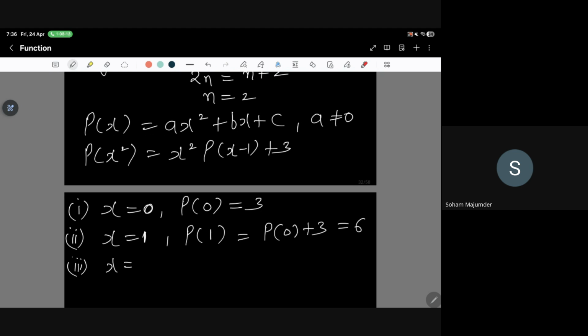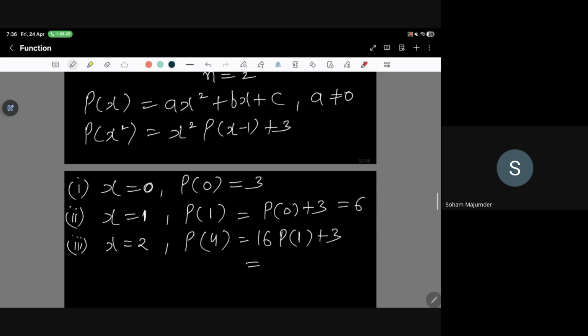Third, when x is 2, it becomes p of 4, right, equals 16 p of 1 plus 3. Now p of 1 is 6. Sorry, this becomes p of 2 equals 4 times p of 1 plus 3, so 4 times 6 is 24 plus 3, 27. So we got three values of the polynomial function at three x values.